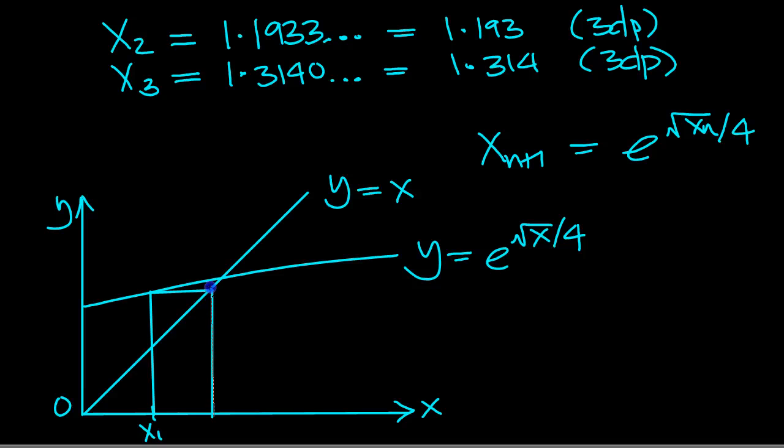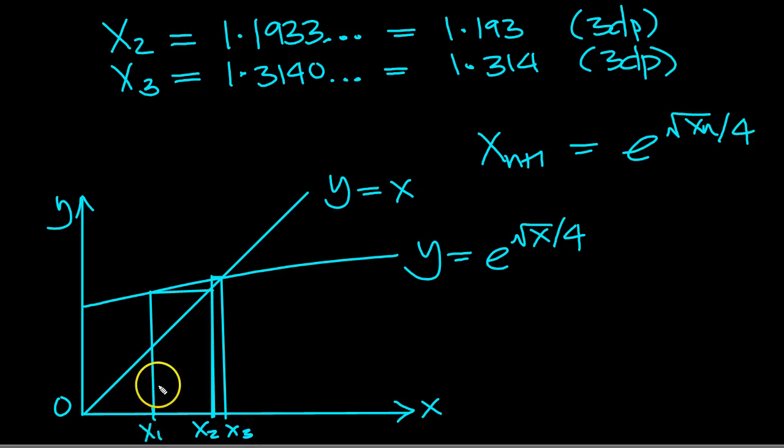So I'm going to go back up to the curve and then do it again here, and that would be the new value. Not drawn very well here, but you can see that this would be x2 and this would be x3.